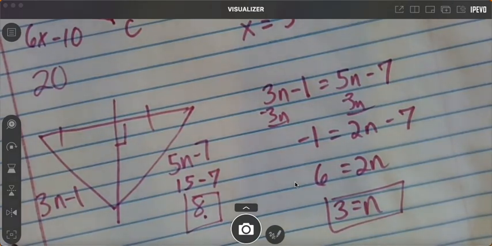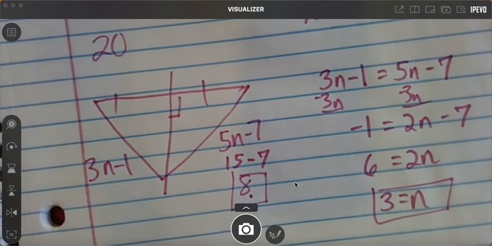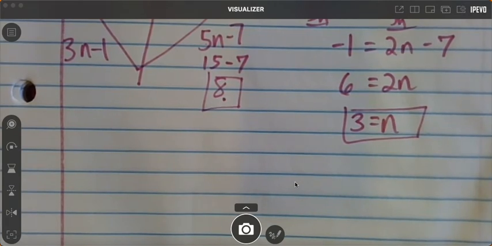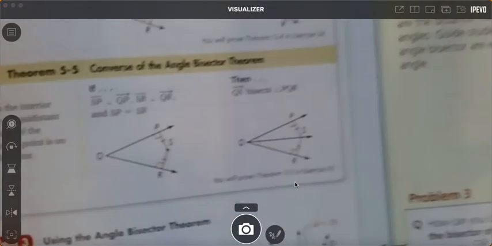Okay, the next thing is, we'll go ahead and finish it. Angle bisector. What does that mean, an angle bisector? It cuts an angle in half, okay? So let me show you these two things.